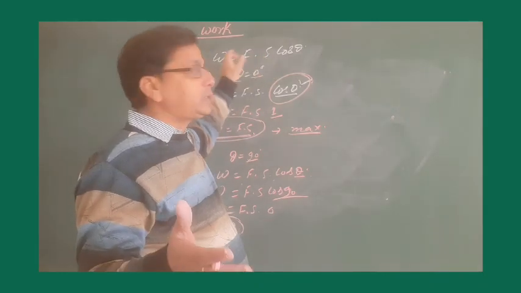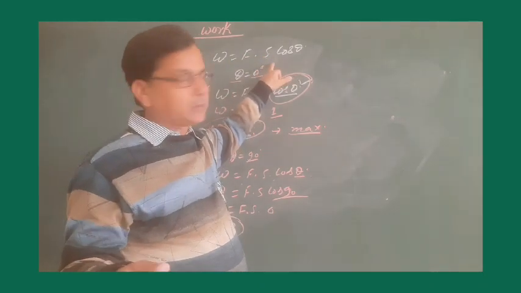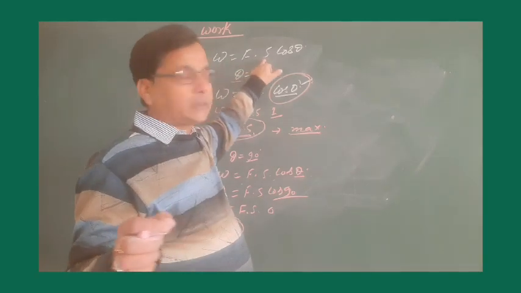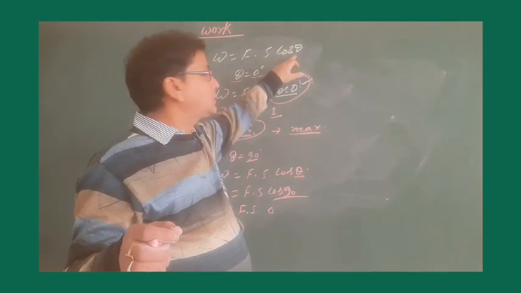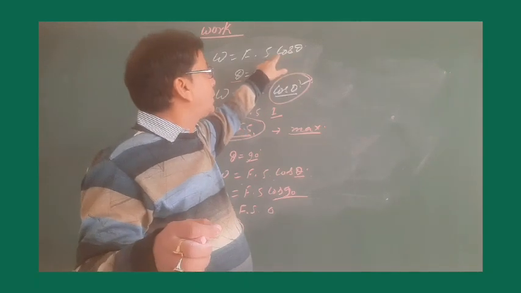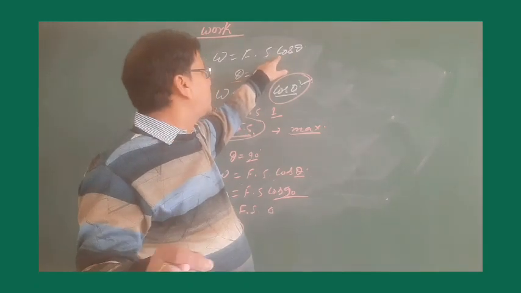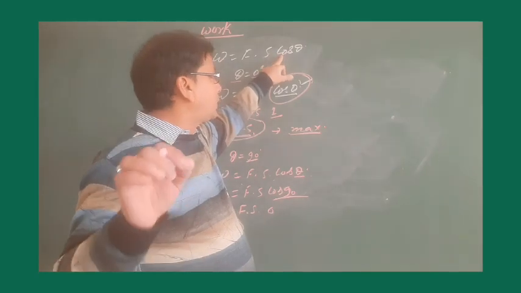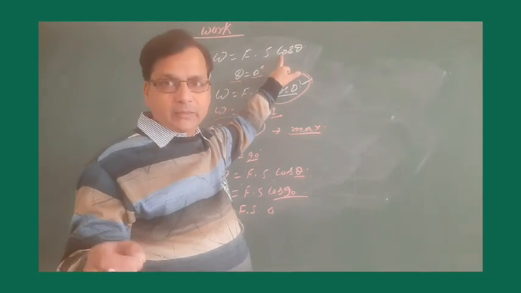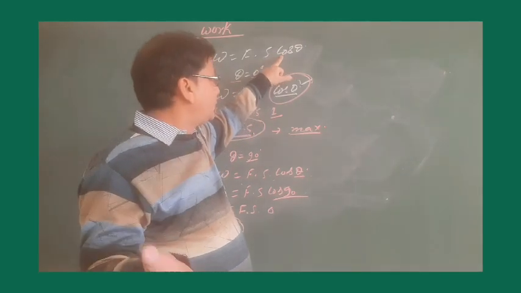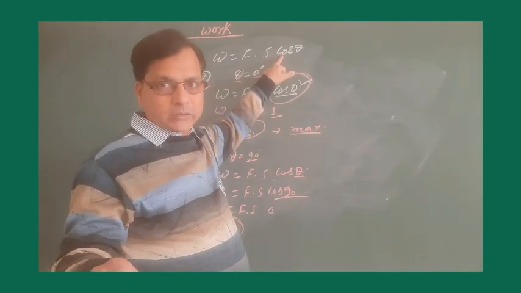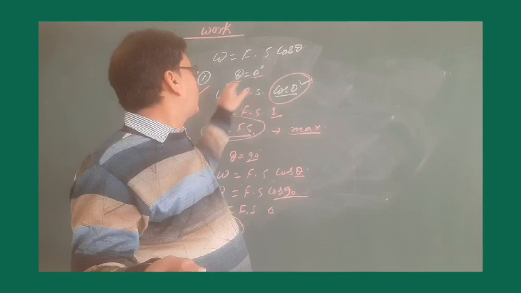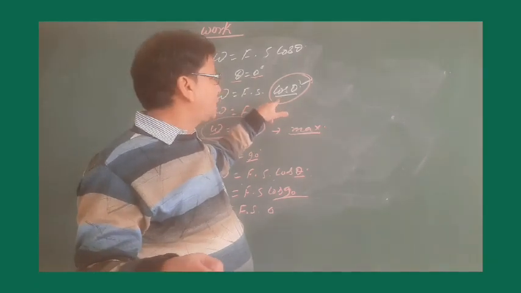Displacement and work are also directly proportional. If the displacement is greater, then work done is also greater. And next is the cos theta, means the cosine of the angle between the force and displacement. If the angle between the force and displacement is less, then the value of cos is maximum. So it is clear that work done is also maximum.